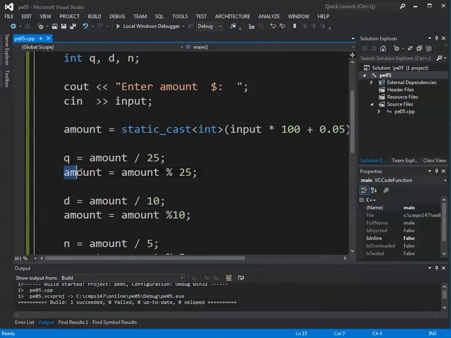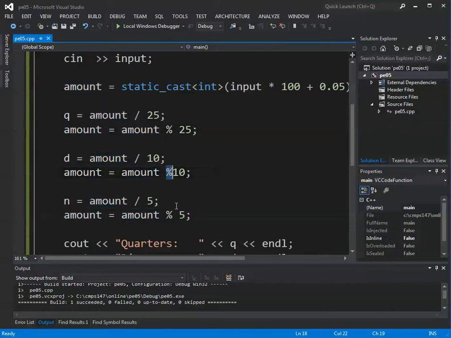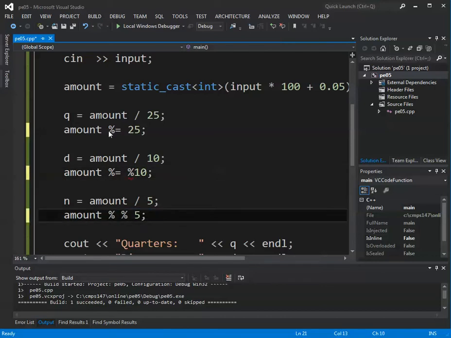If we look at something like amount equals amount mod 25, mod 10, mod 5, this is something that could actually be written as mod equals. And if I was writing this at the time when we've already covered combined operators, I would have done that. Certainly it would have been a little bit more convenient. Right, so that's how you would commonly see that statement.